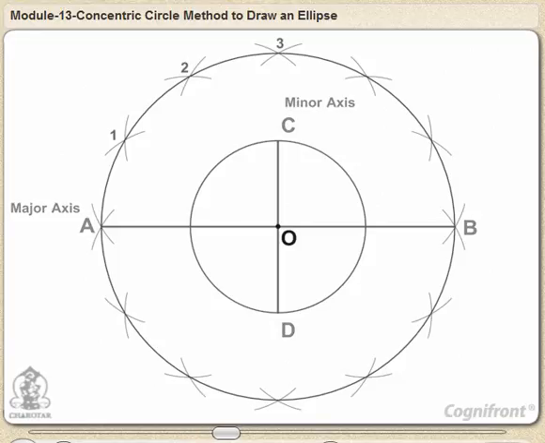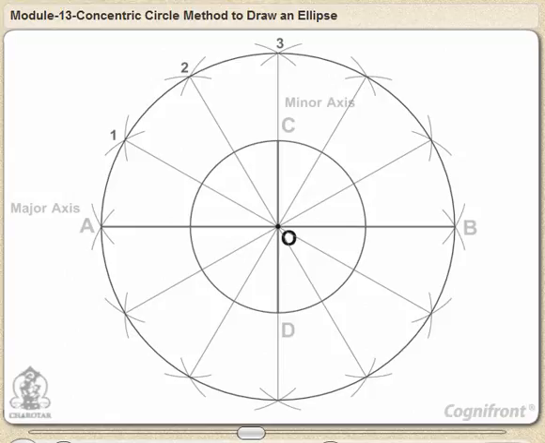Draw lines joining these points with the center O and cutting the minor axis circle at points 1 dash, 2 dash, etc. Through the point 1 on the major axis circle, draw a line parallel to CD, the minor axis.